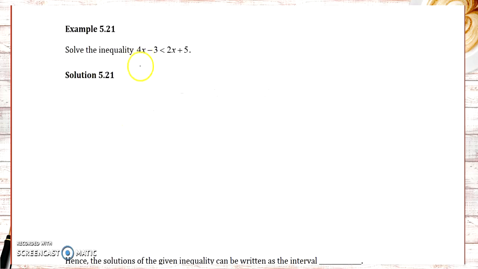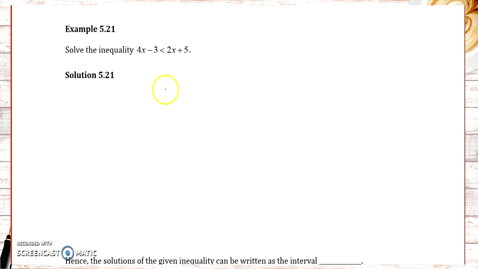Now let's solve example 5.21. We have 4x minus 3 less than 2x plus 5. Now let's group only the variable on the left hand side and the constant on the right hand side.